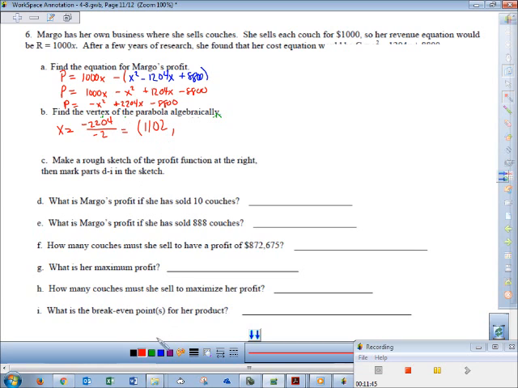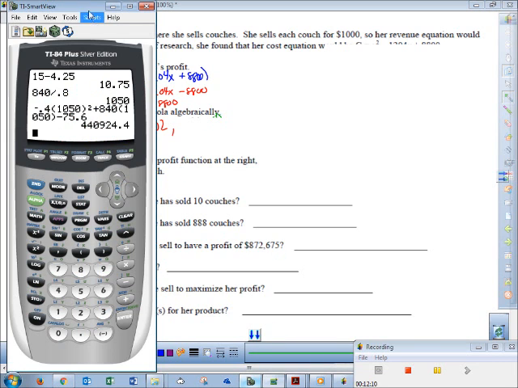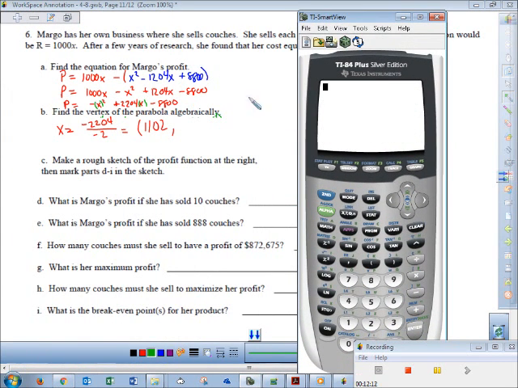And now find the y value of the vertex by substituting this into this equation. Remember, you must put this in parentheses so the negative goes outside the parentheses when you're punching this in.